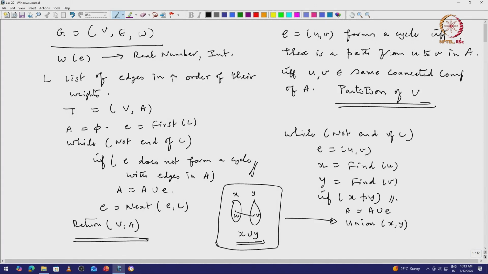So, if you see what is done here, I have updated A, and then E equal to next E, and this is the while loop, and then return A. Same code.